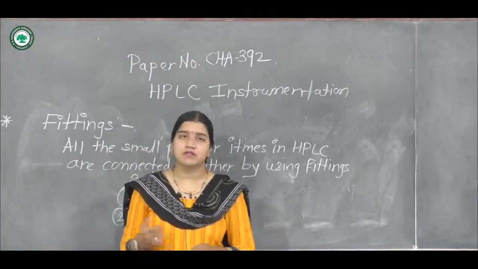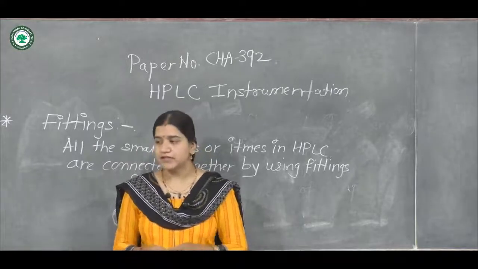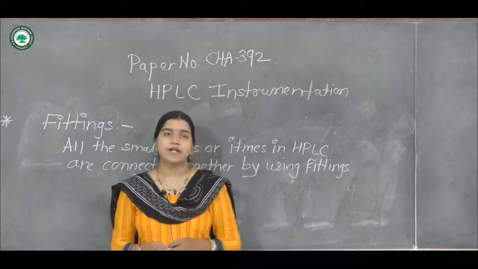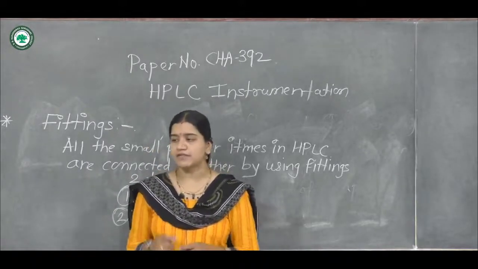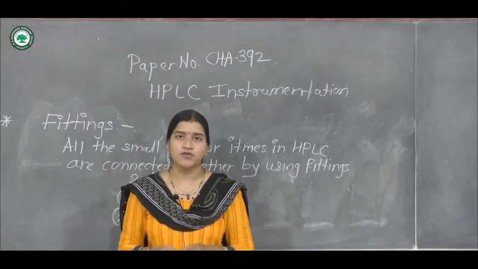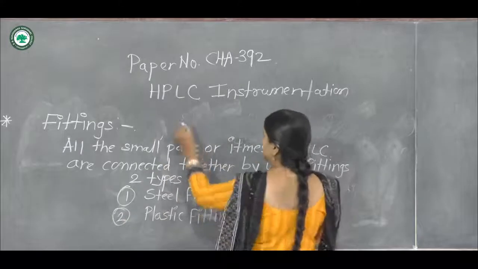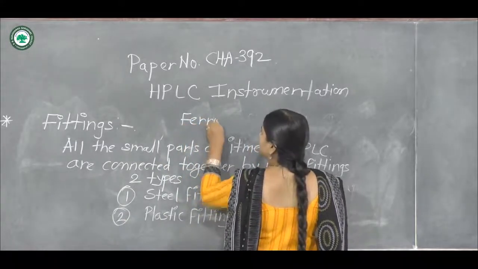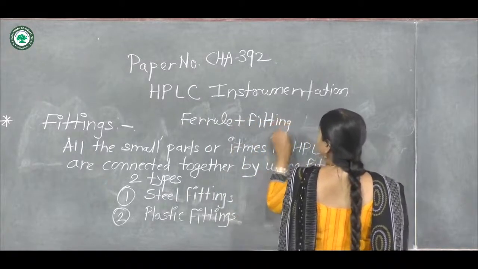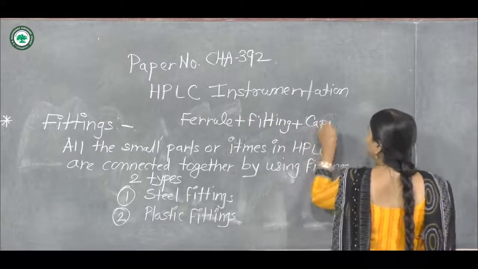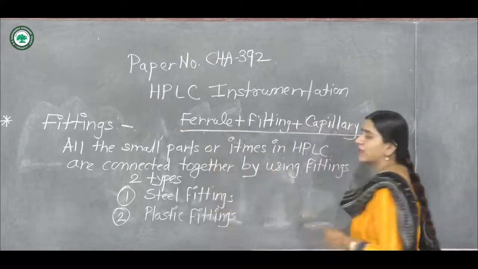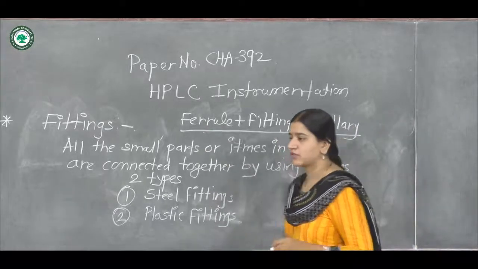What is the general diagrammatic representation for these connections or fittings? They are made up of generally three parts. One is the capillary, second one is the fitting, and the uppermost part, that is the ferrule. So ferrule plus fitting plus capillary. The combination of these three forms a connection.